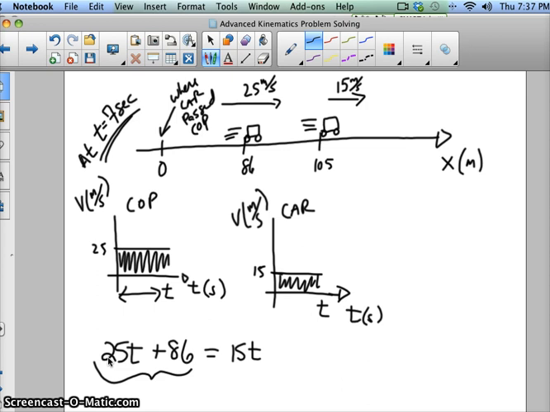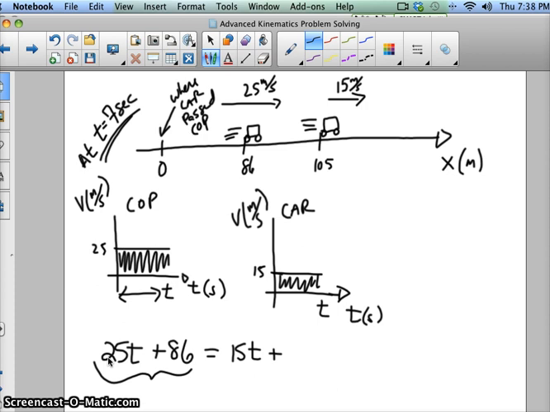And we would need to add to that the 105 meters already traveled by the car. Sorry, not 105, 180. Because we've got 105 meters traveled by the car plus another 75 meters traveled by the car.